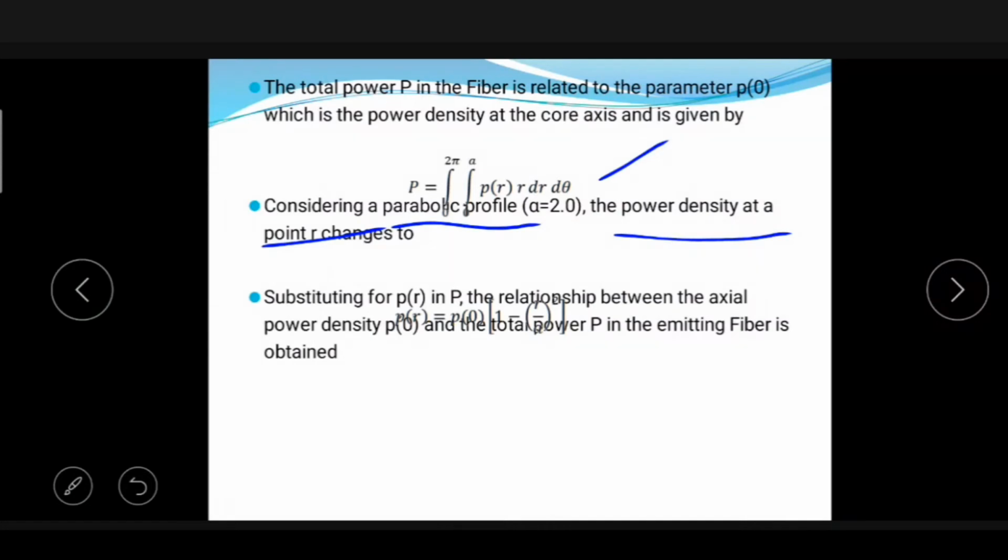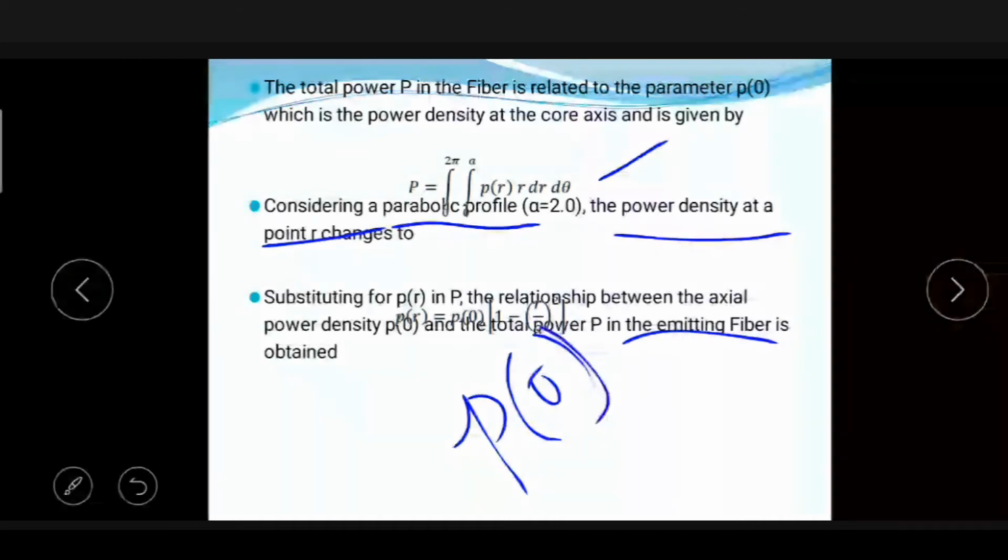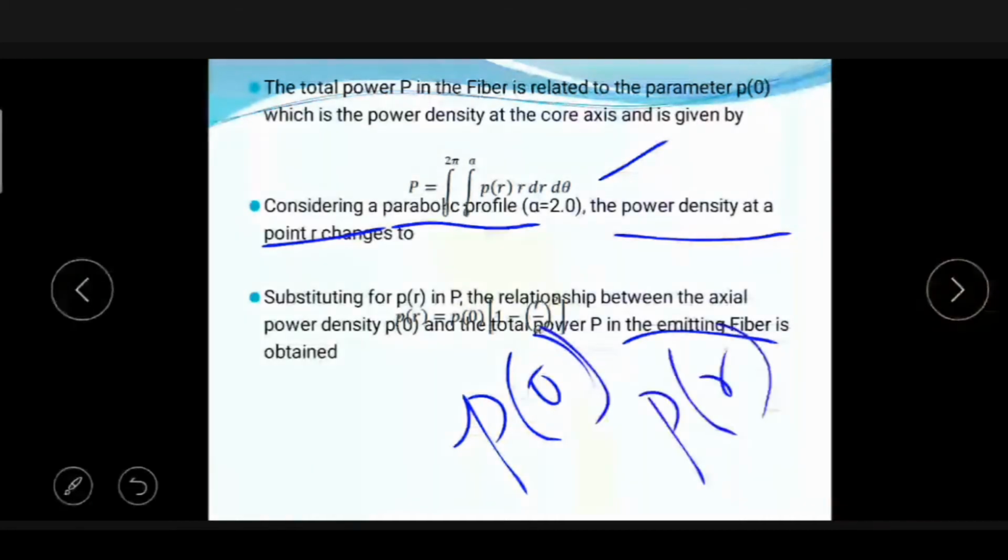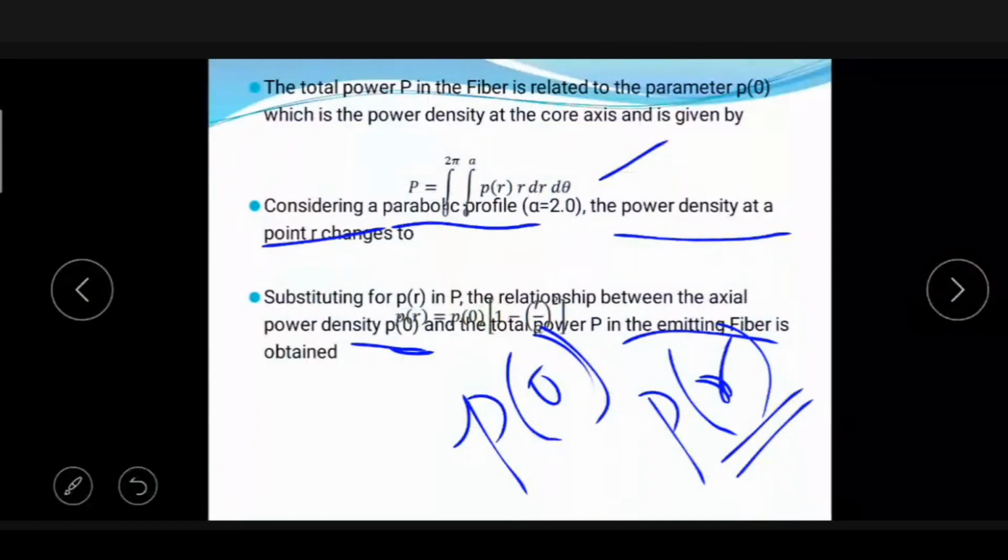So these are the two things we consider: P of 0 and P of R. P of R is the power at a particular point R, and P of 0 is the power density at the origin, which is nothing but the common area.